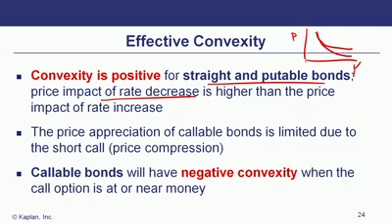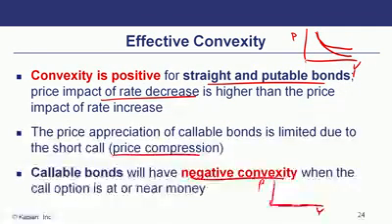So the price appreciation of a callable bond is going to be limited due to the presence of the short call. What they're calling price compression here, that's the negative convexity. So we don't keep running up the price yield function. We have that negative convexity. For callable bonds, they have negative convexity when the call is near the money. So if we see price changes there, in the limit we would get something that looked like, if I can draw it without going to a whiteboard here, yield against price, and if this is our normal price yield function, this would be the negatively convex part of the function, right?